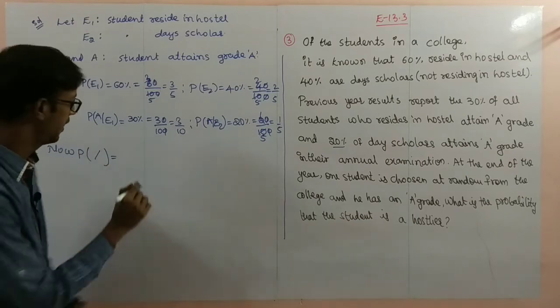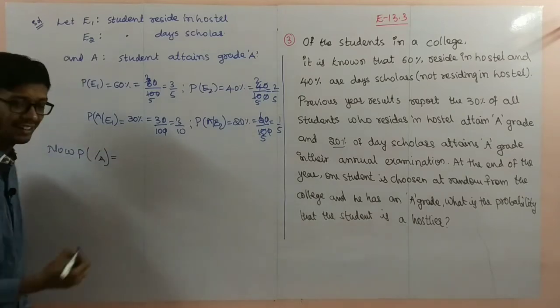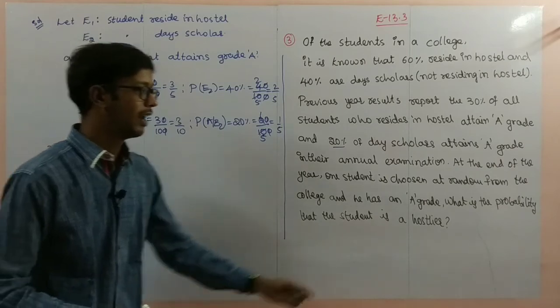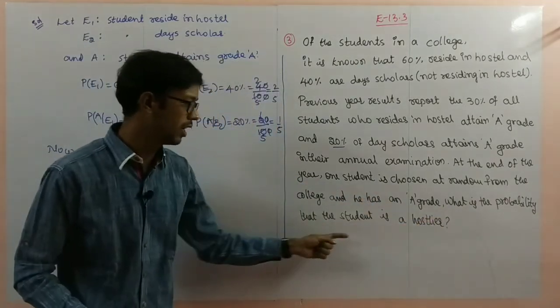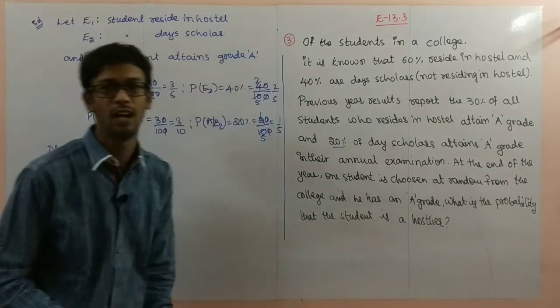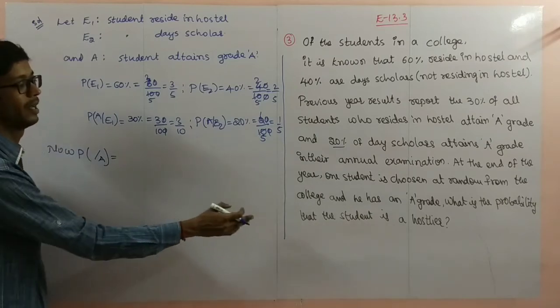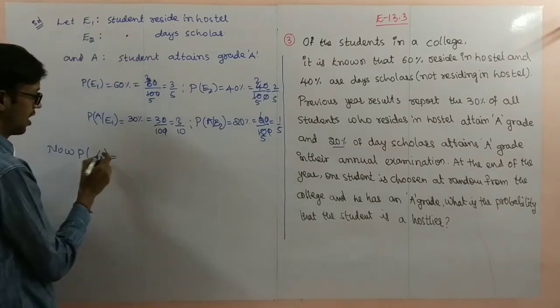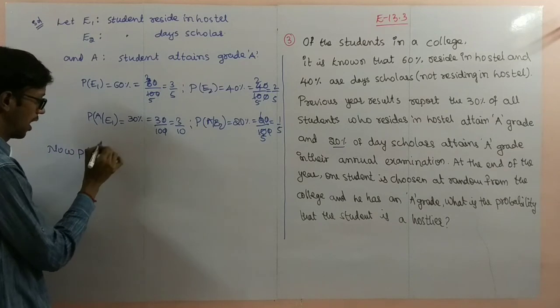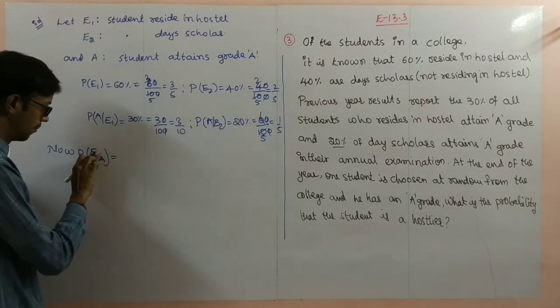Grade A is already fixed, so we write it as the denominator. Next, the probability that the student is a hosteler means E1 we have to write.